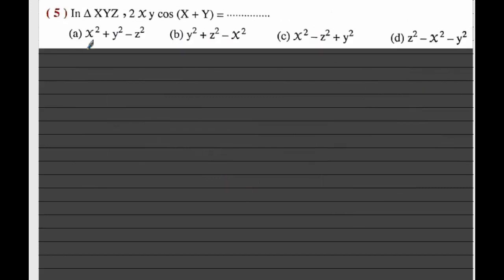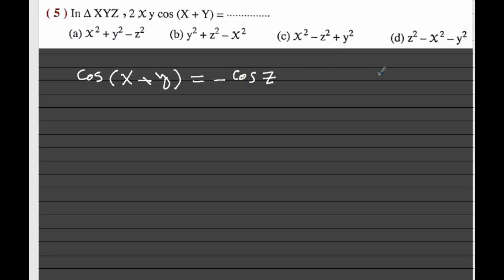Next question, question number 5. In triangle XYZ, 2xy cosine (x plus y) equals one of these. Okay, we will start from this information. Here we have cosine (x plus y). We know that it is equal to negative cosine z.